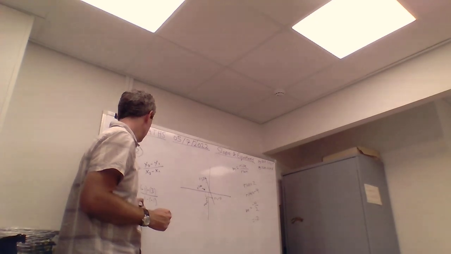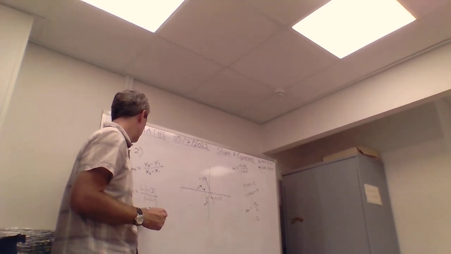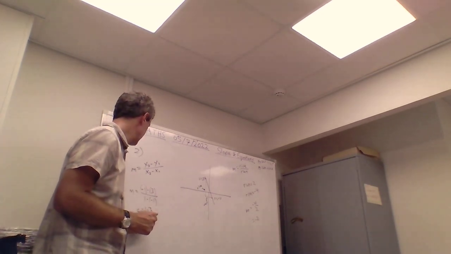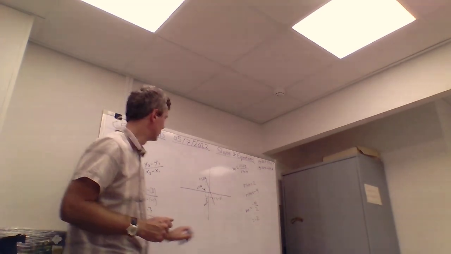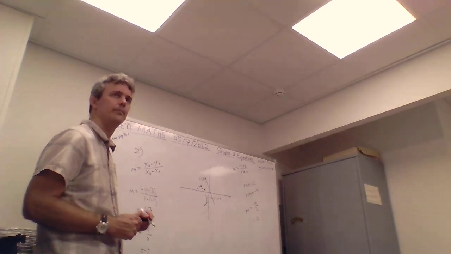And on the bottom, x2 is 1, minus x1, which is minus 1. So that becomes minus 1 minus 3 over 1 plus 1, because negative becomes positive. So this becomes negative 4 over 2, and that equals minus 2.